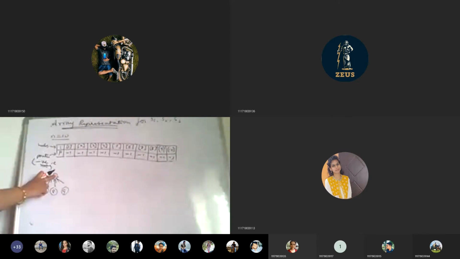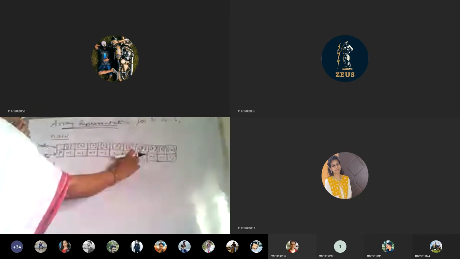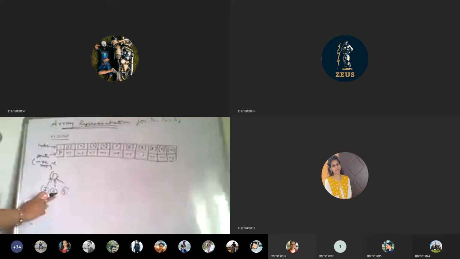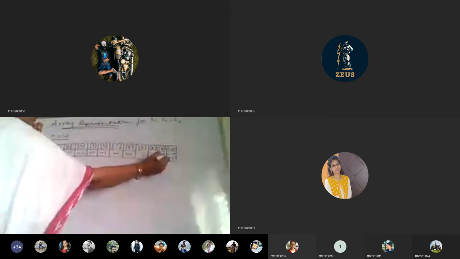So here 1 is the root, that is true. And for 7, who is the parent? Is 7 the root? No. So it belongs to parent 1. So 7's parent is 1, 8's parent is 1 and 9's parent is 1.